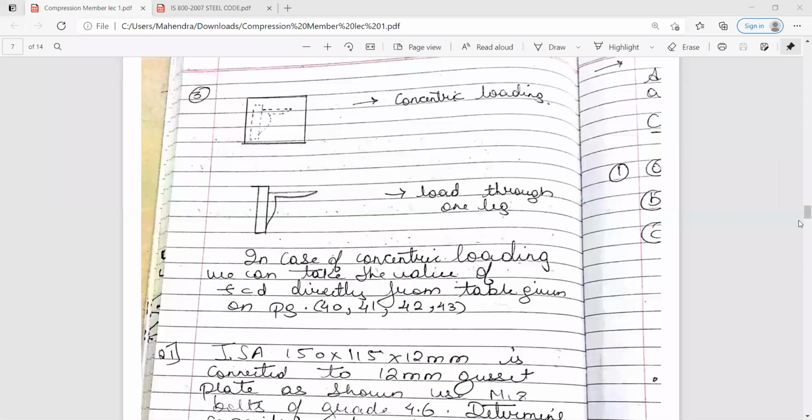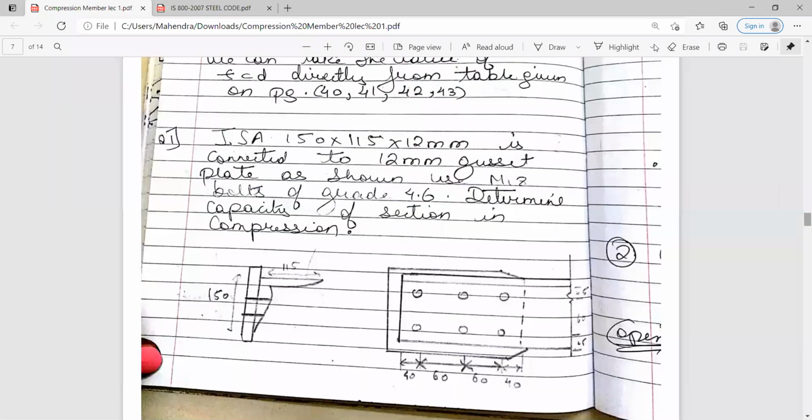So here, as you can see in this particular sum, they have mentioned the ISA, that is the Indian Standard Angle, of size 150 by 115 by 12 mm, connected to a 12 mm gusset plate as shown in the figure. Use M18 bolts of grade 4.6. So it is mentioned in the question that the angle section of size 150 by 115 by 12 mm is connected to a 12 mm gusset plate. What is the thickness of the gusset plate? 12 mm.